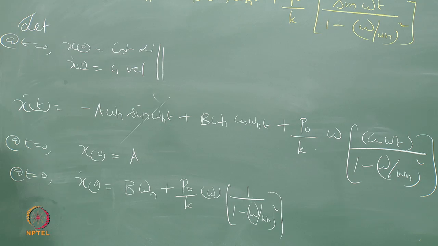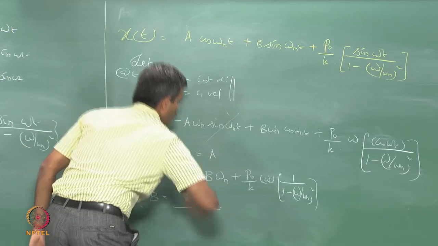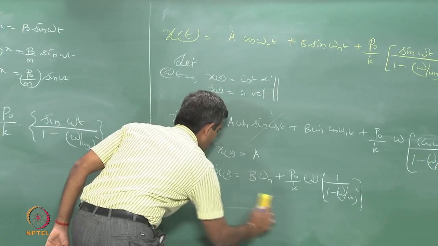Therefore, I can easily find B as x dot 0 by the whole argument minus this and so on. Let us say I have the value of B with me.